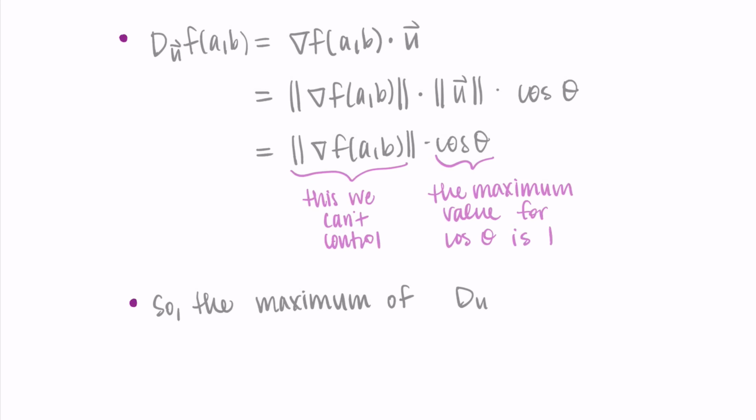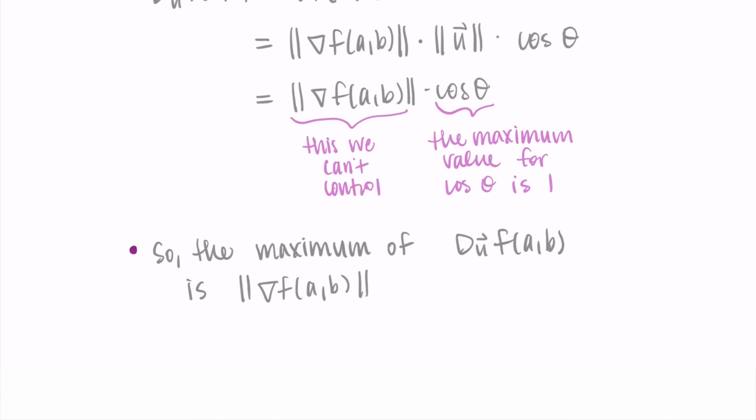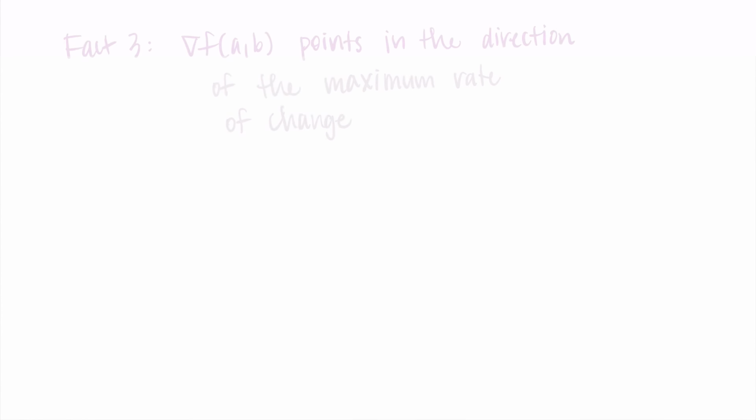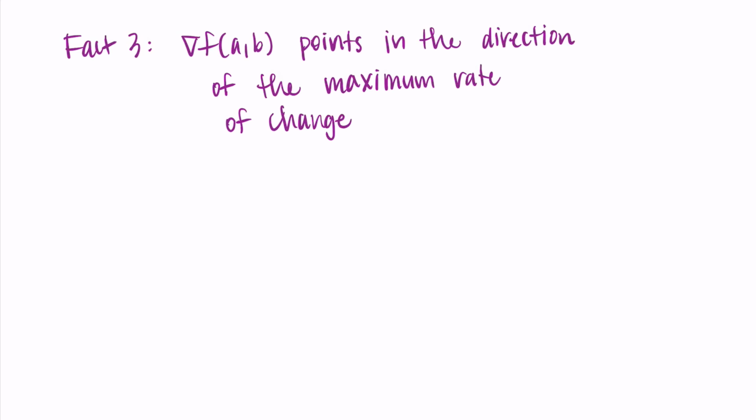Thus, this tells us that the maximum value of the rate of change at a point (a, b) is specifically the magnitude of the gradient at that point. The specifics about what u is, which direction we go, is what we do in fact 3. This fact is just about the magnitude of the gradient being the maximum rate of change.